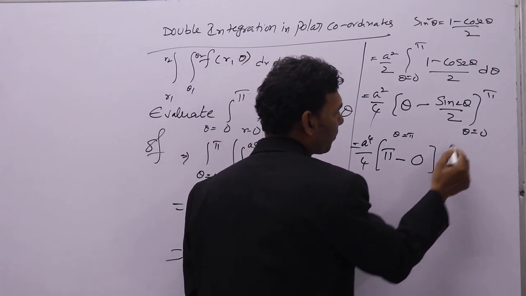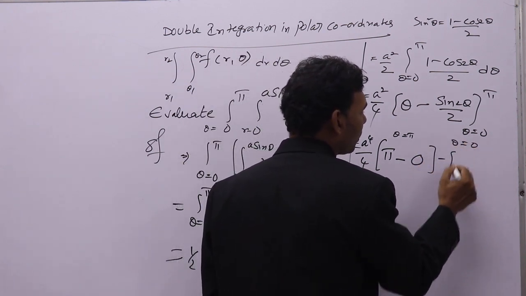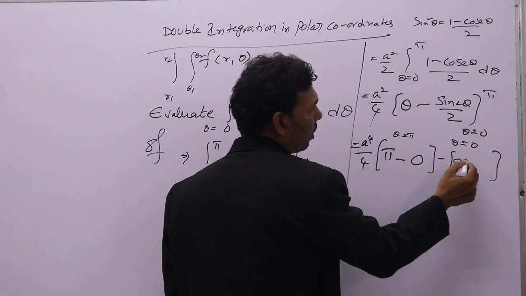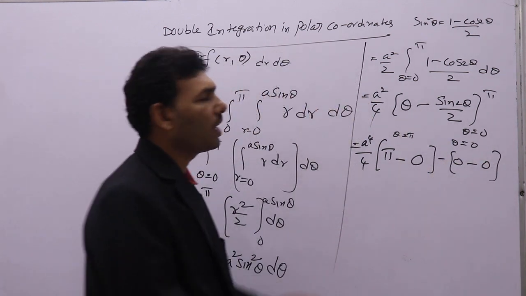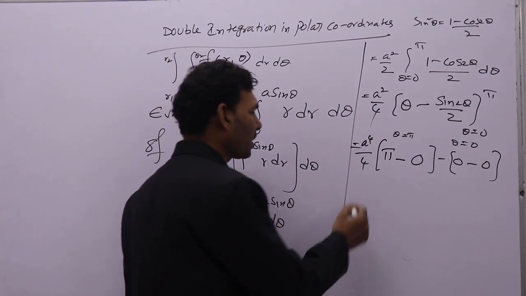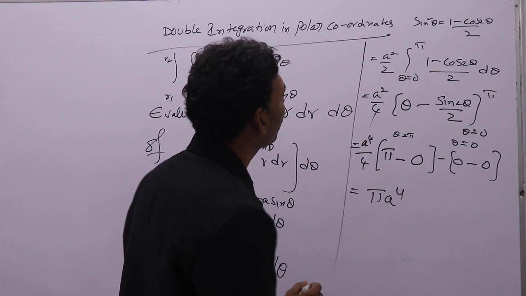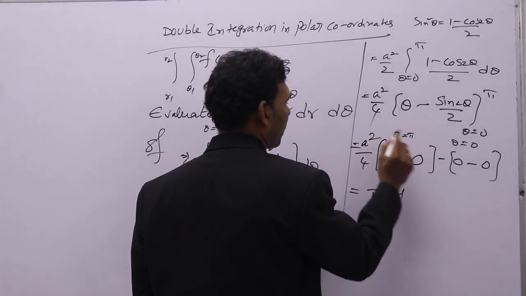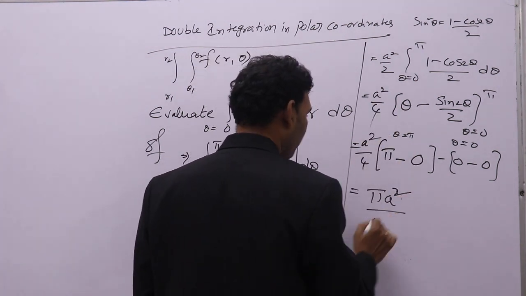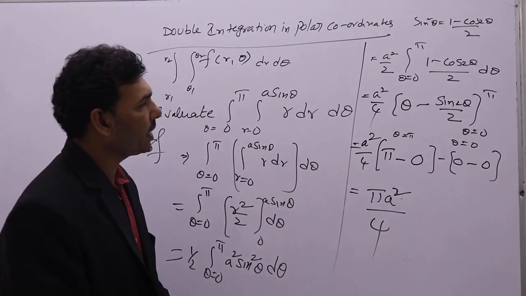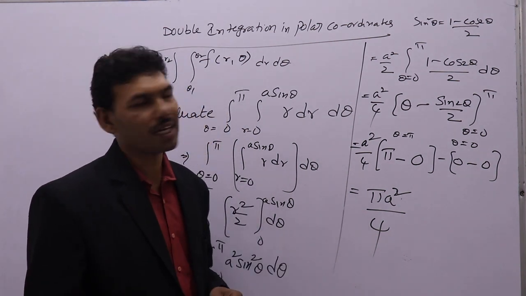This is the upper limit. If you write 0 in the place of theta, sin 0 is 0. So what you will have? Pi only. So the answer is pi a square by 4. Pi a square by 4 is the answer for this problem.